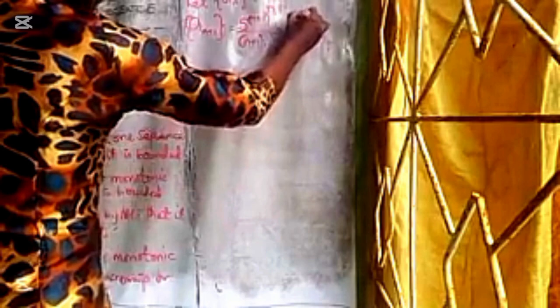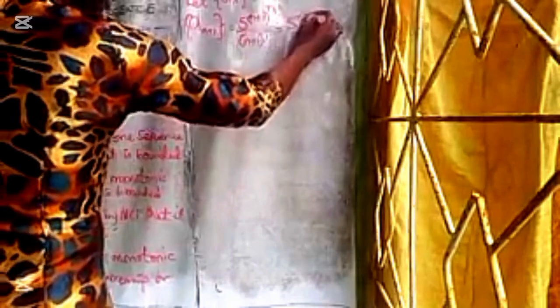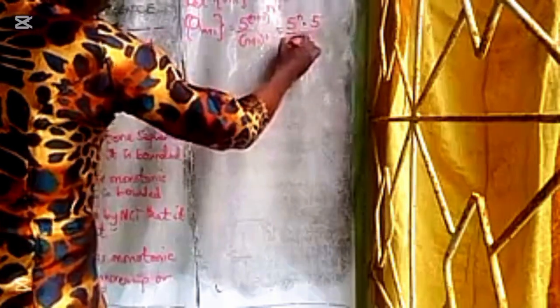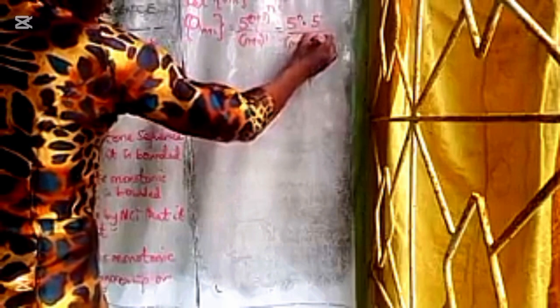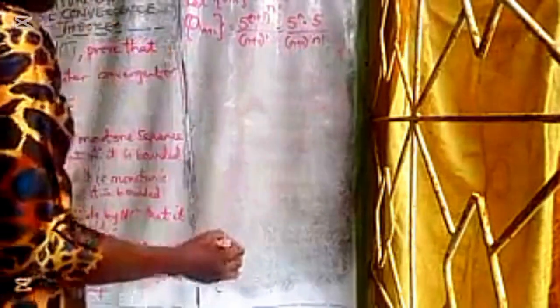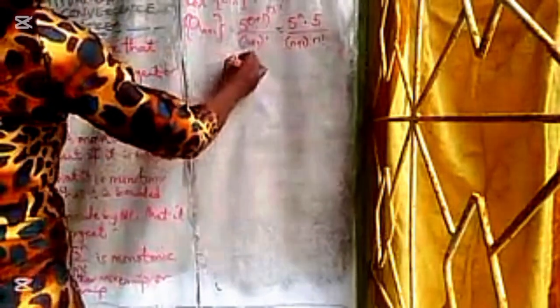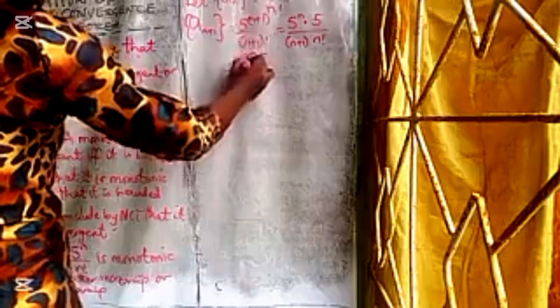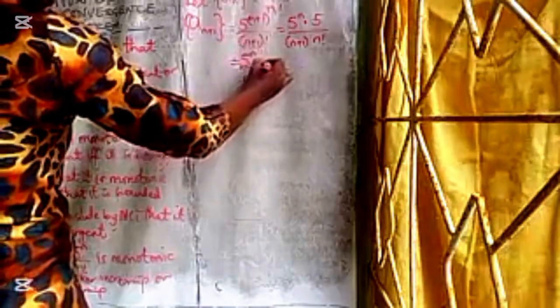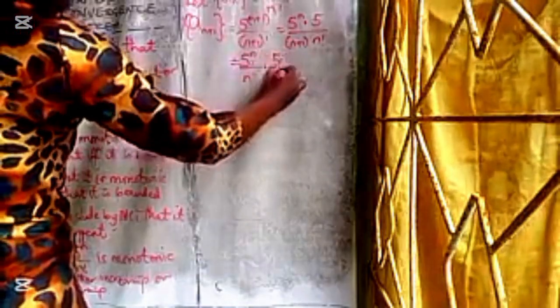And that is what? 5 raised to power n times 5 over n plus 1 into n factorial. And that still gives us 5 raised to power n over n factorial times 5 over n plus 1.